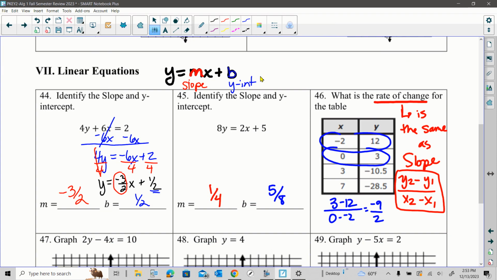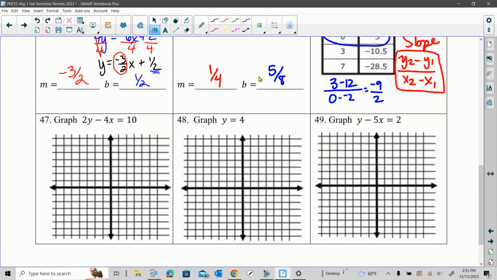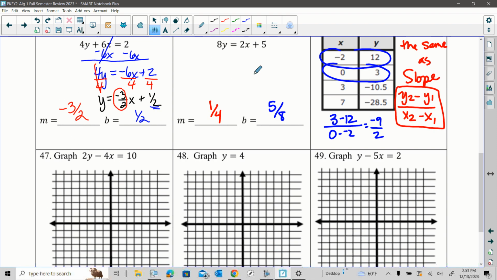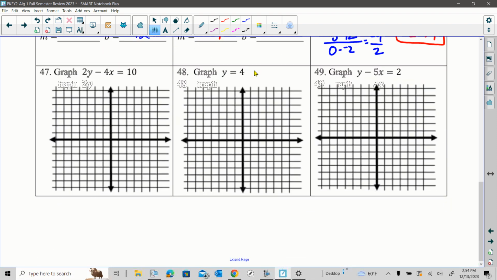All right, now we're graphing. In order to graph, we still need it to be in this form right here, y equals mx plus b. So I'm just going to write this underneath here. Whenever it has to be in this form to graph, because when it's in this form, we will graph the b, the y-intercept, first.